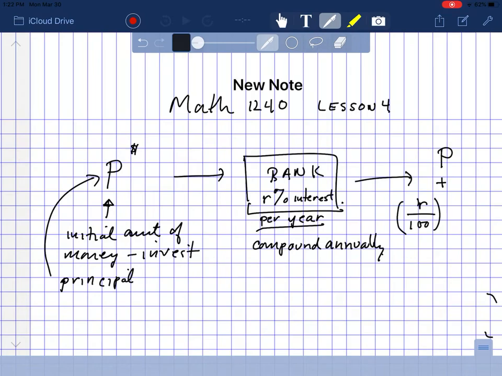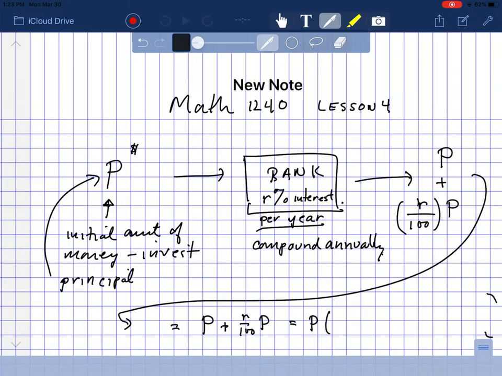So here we're converting our percent, R percent, to R divided by 100 times P, okay? So that's equal to, I'm gonna write it again, P plus R divided by 100 times P, and that is equal to P times 1 plus R divided by 100.